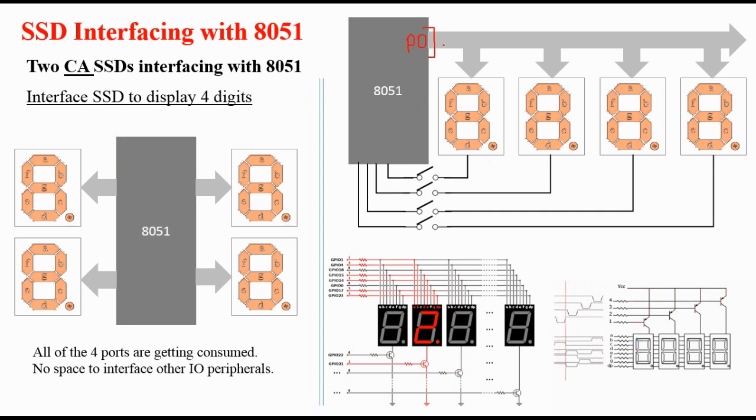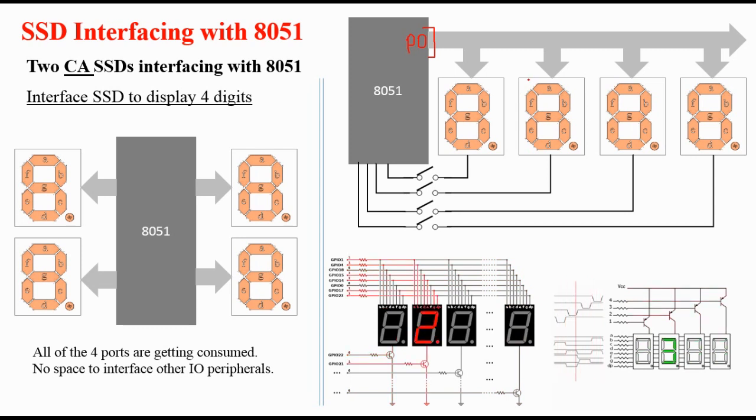On this data line we will send the code which is to be displayed, and we will make one single 7 segment display on and the others off, so that the particular number will get displayed on that particular 7 segment display only.